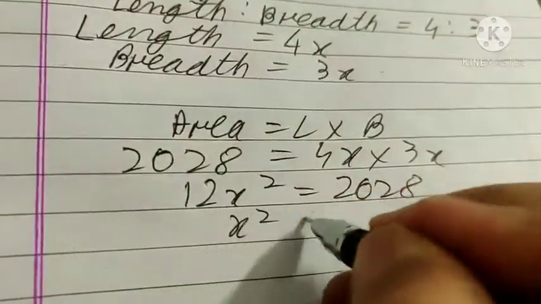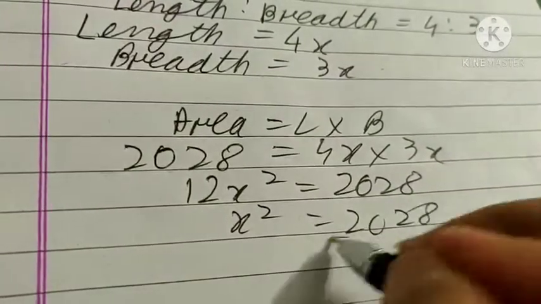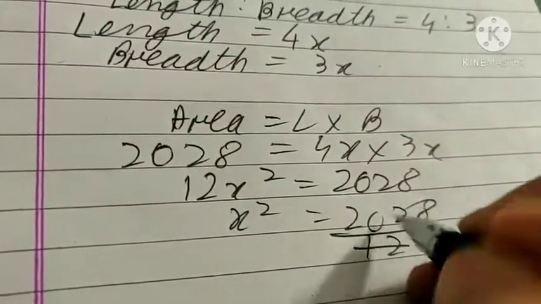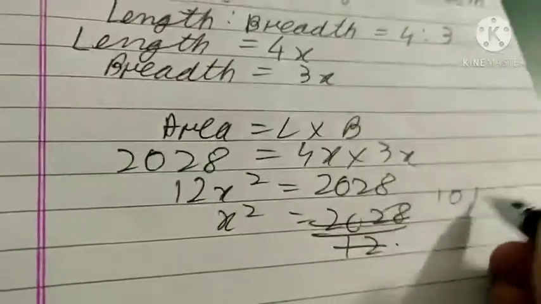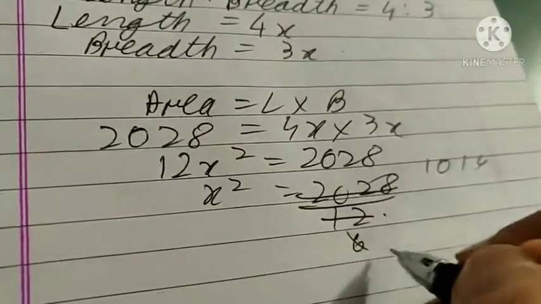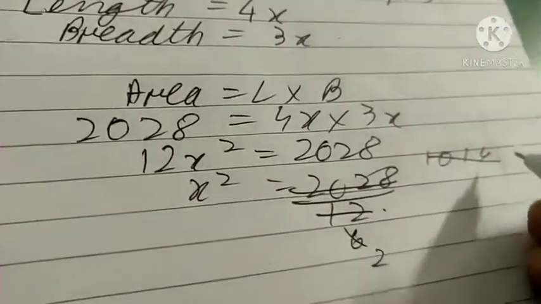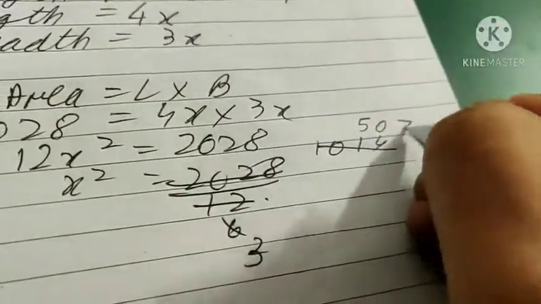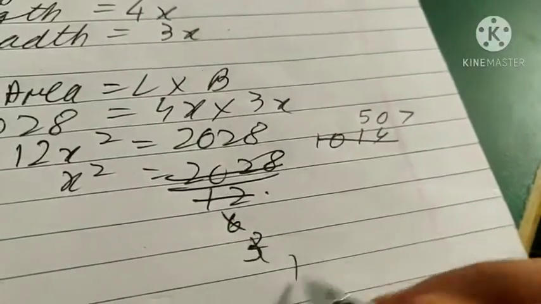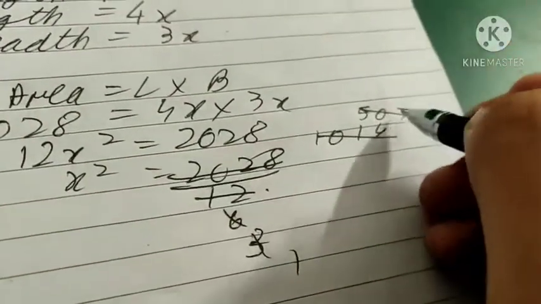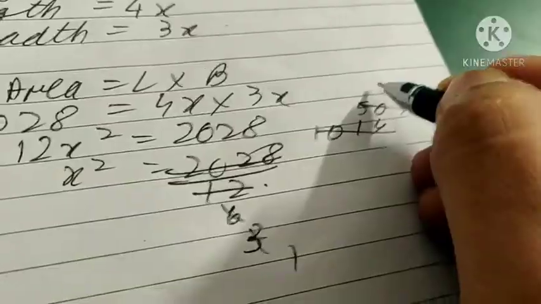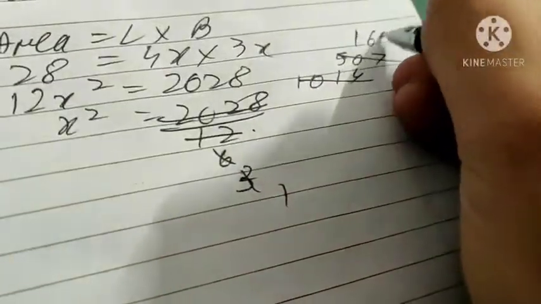So x square is equal to 2028 divided by 12. Cutting it by 2, 1014 by 6, again by 2, you will get 507. Now by 3, it is 169.